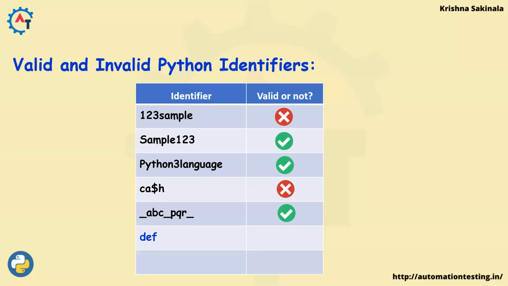The previous ones I used black color, but this one is blue, because def is a reserved keyword in Python. If it is a reserved keyword, I cannot use def as an identifier, so it's not valid. if is also a keyword, so you cannot use that either. This is a sample exercise where, by taking sample identifiers, we check whether they are valid by matching them with our rules.